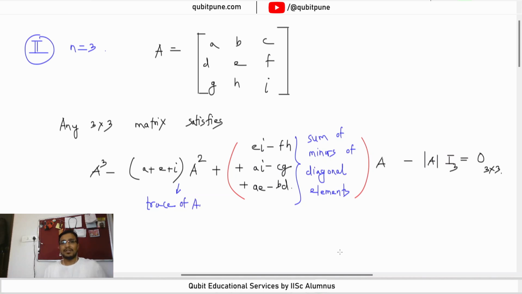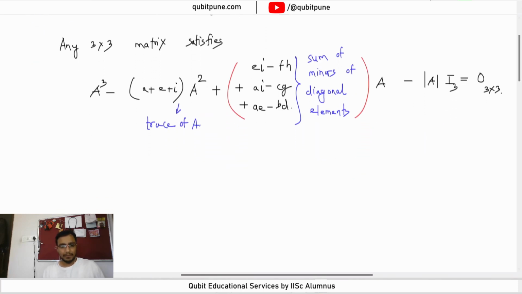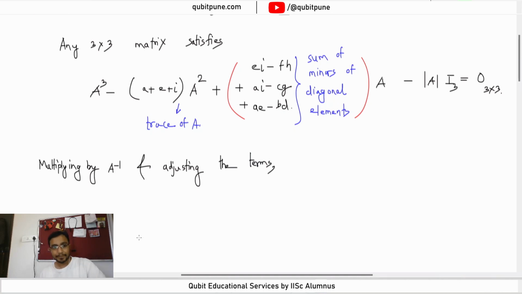You can also use this equation to generate the inverse. Let me help you out with that here. Multiplying by A inverse and adjusting the terms, what will we get? Look at what I'm doing.